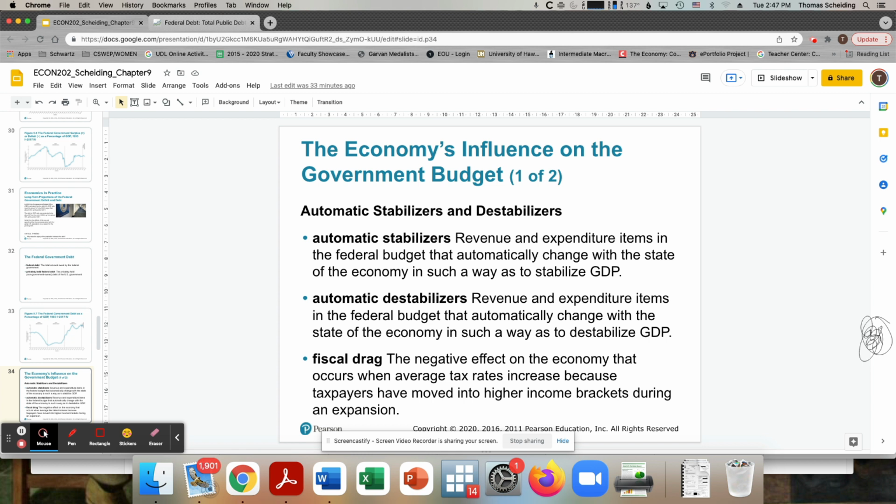And then the other thing is that we have a portion of this known as fiscal drag. The way fiscal drag happens is through the income tax system: we have income tax brackets, so when you earn a certain level of income, your tax percentage changes.